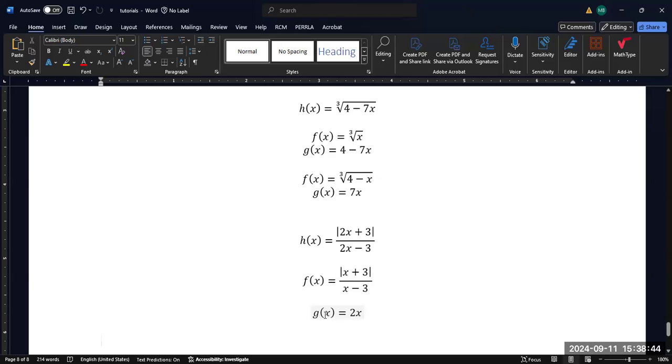So again, there's not only ever one perfect answer in most of these cases. Sometimes there will be an obvious answer. Sometimes there will be multiple ways to do it. But as long as you retest it and check when you do the recomposition, f composed with g, do you get back to the original h? And if that works, you should be fine.